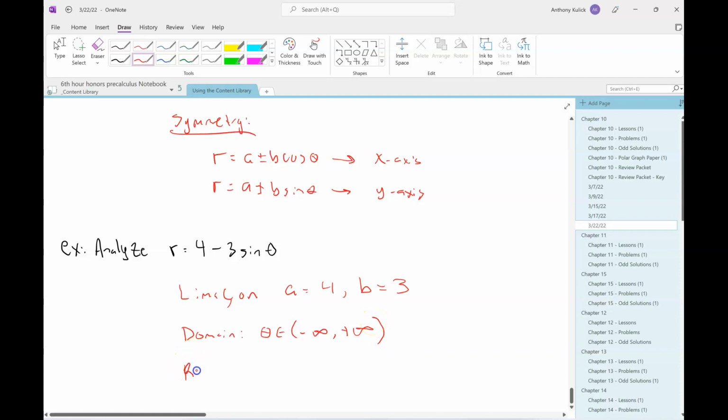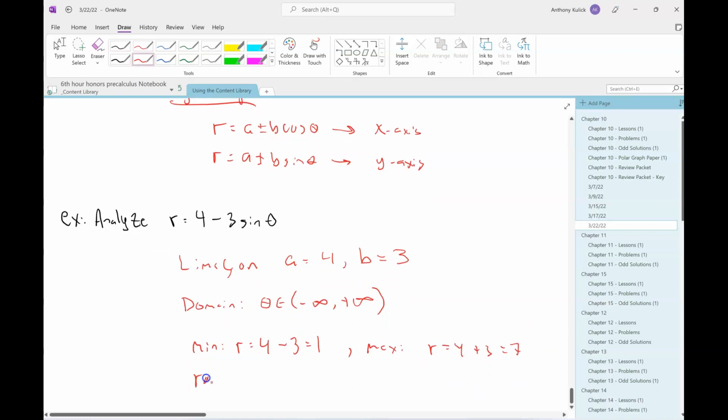The range, well, let's do the min and the max first. The minimum is a minus b, so 1. And the max is a plus b, so 7. So my range has to be from 1 to 7.